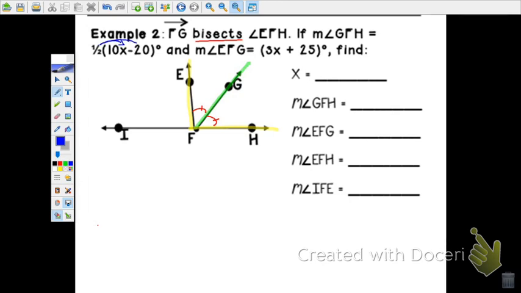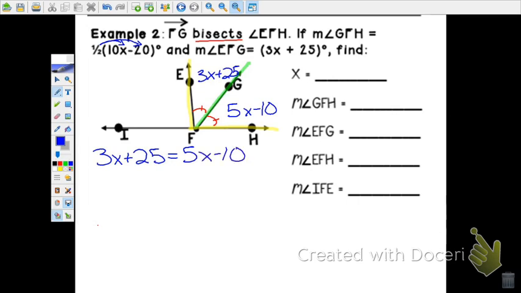So I distribute that to get 5x minus 10. And angle EFG is 3x plus 25. So again, because I know I have this angle bisector, I know these two angles are congruent or equal to each other.